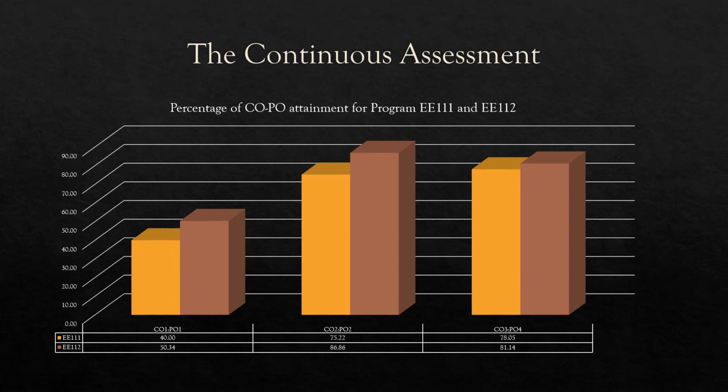PO1 is on fundamental knowledge, and maybe students are not strong in their fundamental knowledge. This was also assessed in their first assessment, which is test 1. Students were not ready and could not get used to the situation for the assessment because the assessment was fully online. And this is also the first batch that enrolled in the ETEC program.